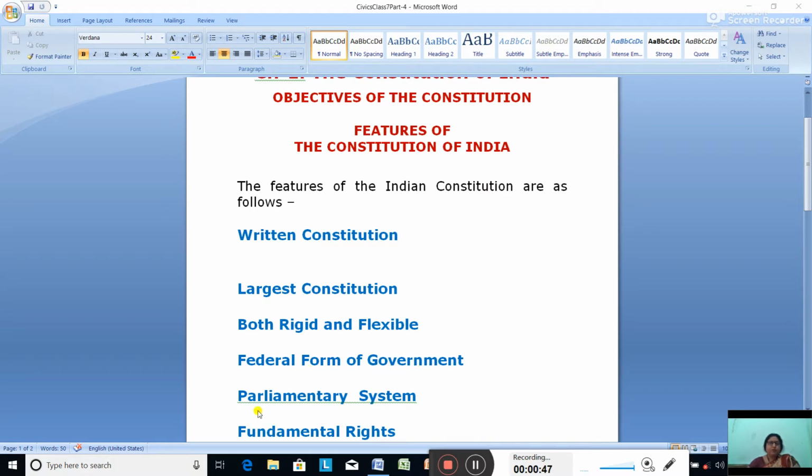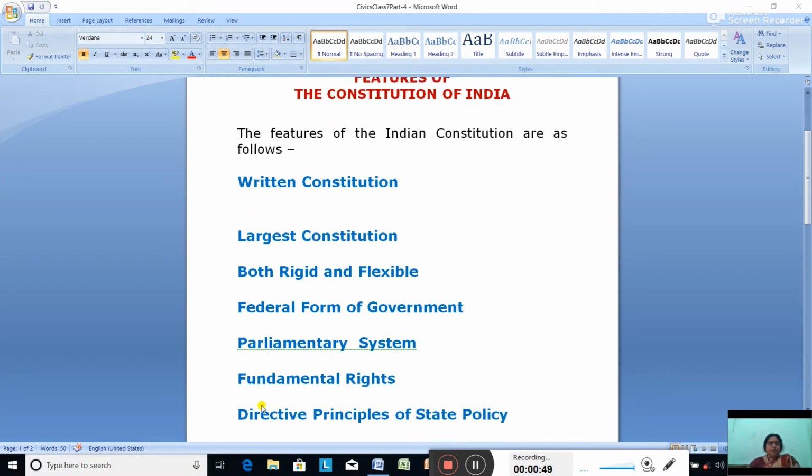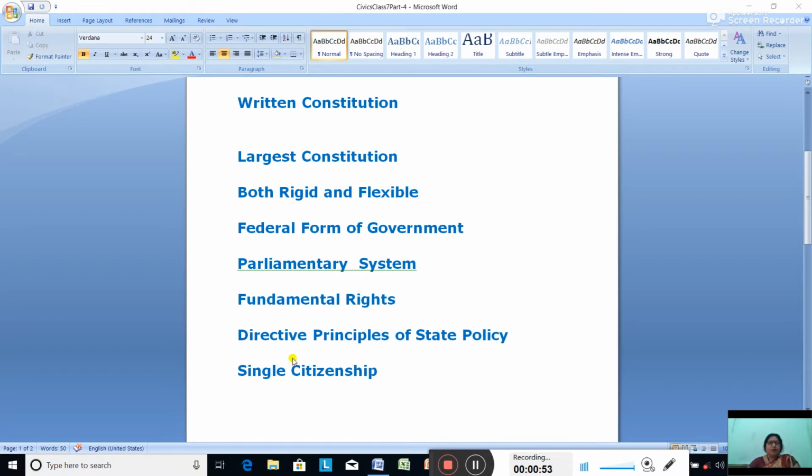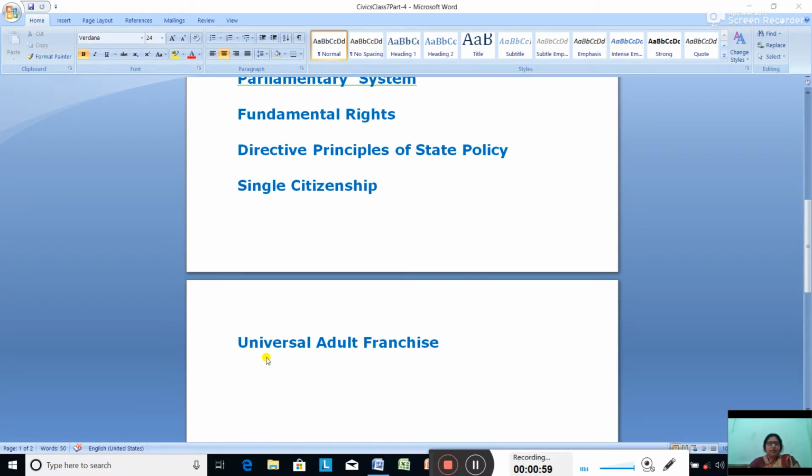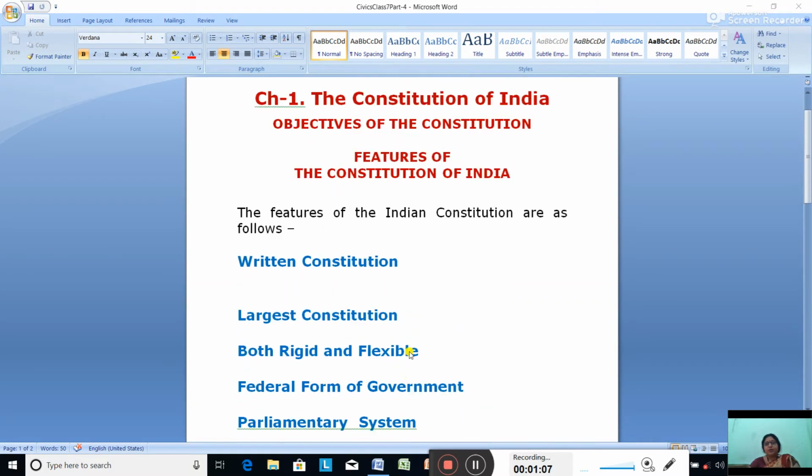It provides a parliamentary system. It provides fundamental rights. It provides directive principles of state policy, single citizenship, and universal adult franchise. Okay, so these are the features of the constitution.